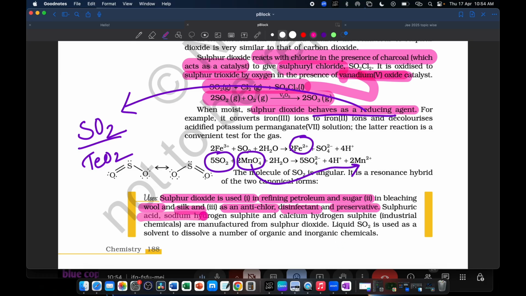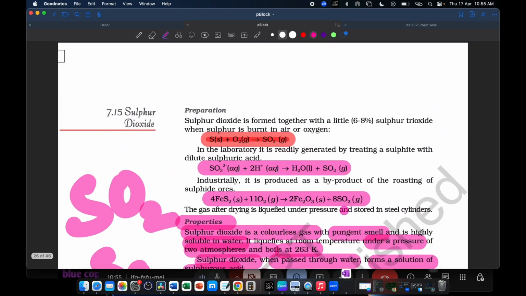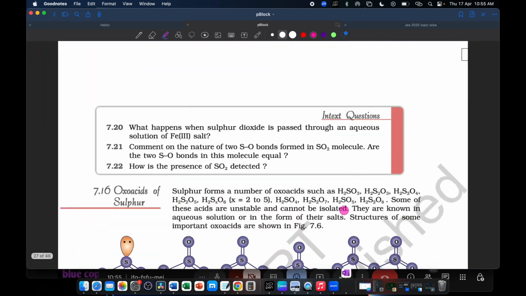Sulfuric acid, sodium hydrogen sulfite, calcium hydrogen sulfite and other industrial chemicals are manufactured from sulfur dioxide. Liquid sulfur dioxide is used as a solvent to dissolve a number of organic and inorganic compounds. So these are the sulfur dioxide preparations and properties, right?